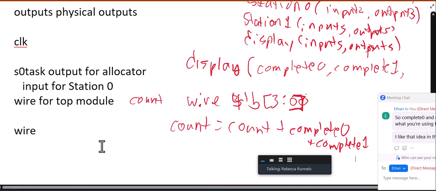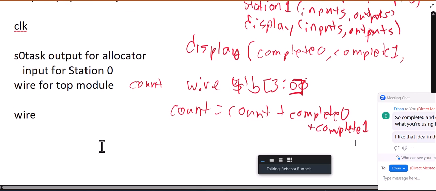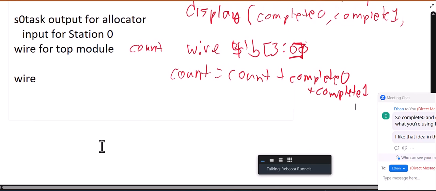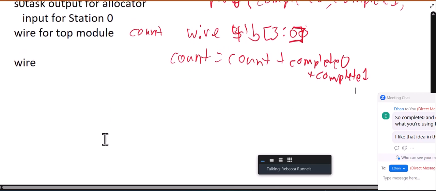Okay, so that kind of talks about the display module. Since I'm there, let me continue with the display module, and we'll talk about what our inputs and outputs are for it.